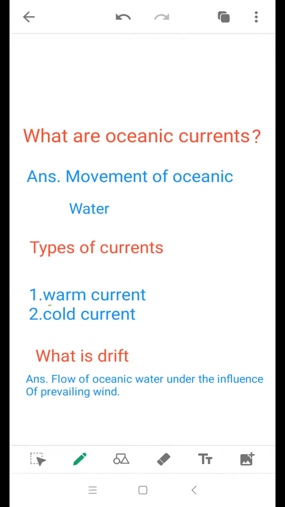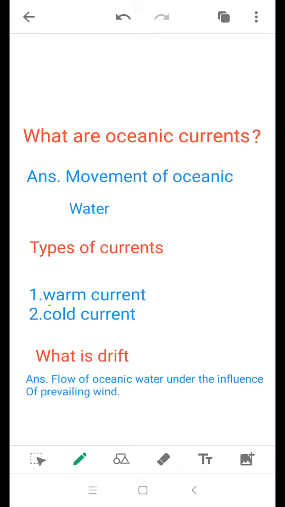So before discussing about the circulation of Atlantic Ocean, we need to know about what are the oceanic currents. Oceanic currents are generally the mass movement of oceanic water in a definite direction. Its direction can be north, can be south, east, west, or northeast, anything it can be.